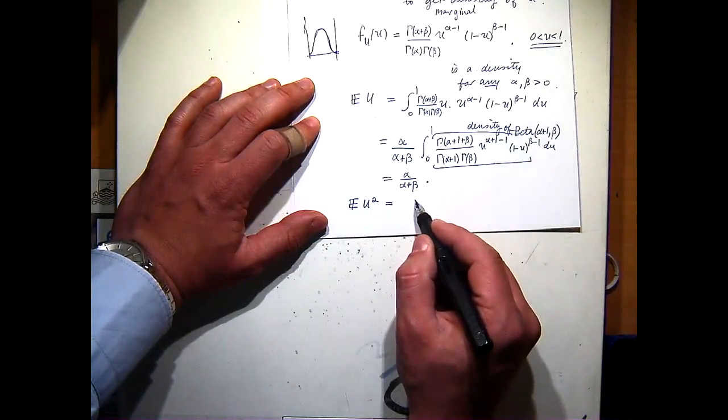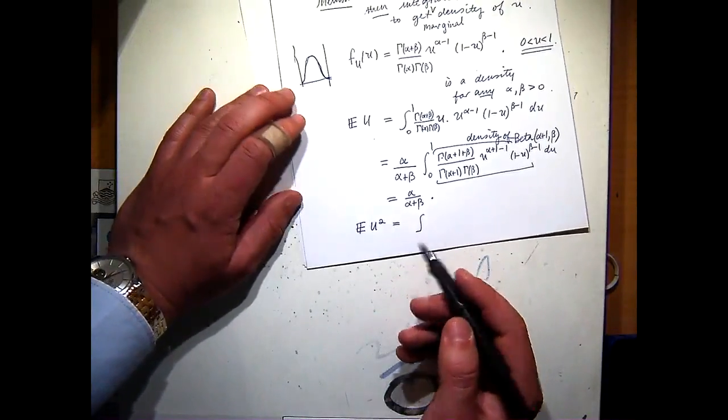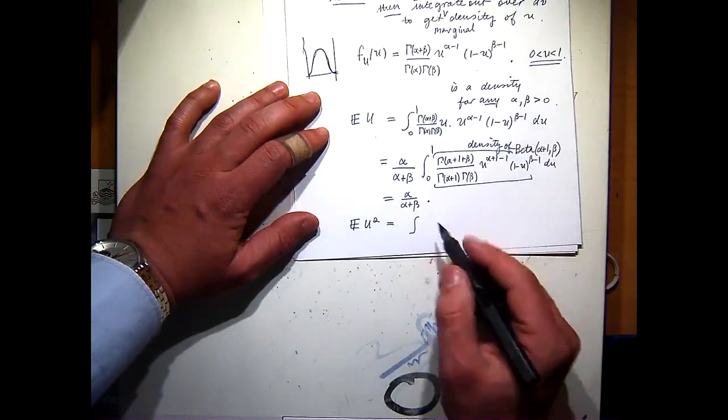Maybe I'll leave that as an exercise, and so finding the density, finding the variance of u can be done in the same method.